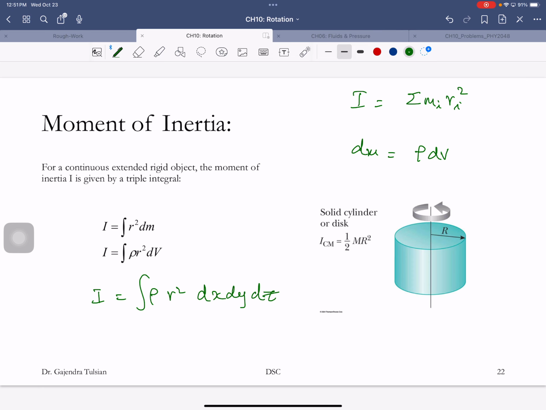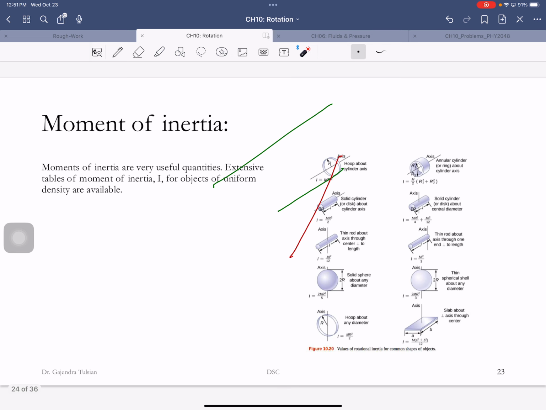Now the moment of inertia is an important enough quantity that they give you tables. To calculate the moment of inertia of a continuous object, it's a triple integral, and people have done these triple integrals for you. So there's the moment of inertia of a ring about that axis.